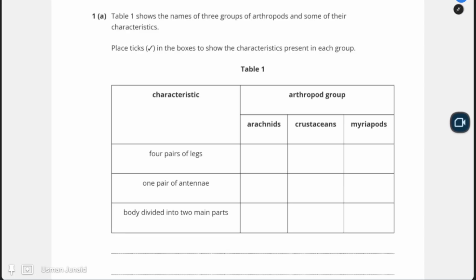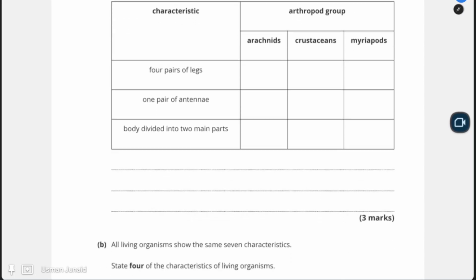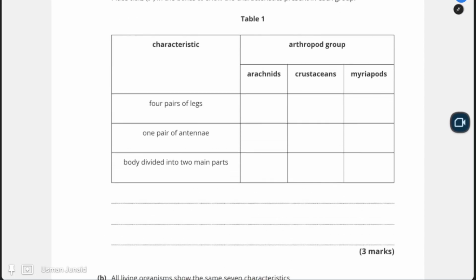So, four pairs of legs. When you have eight legs, which of these is having eight legs? Arachnids. Yes.